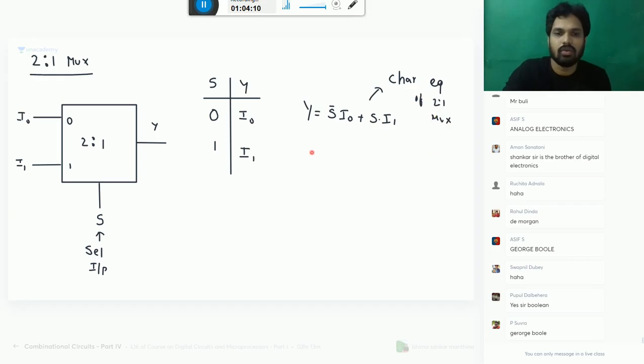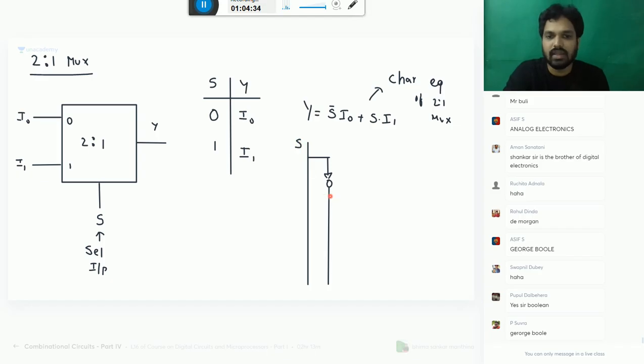Okay, so now listen. Let me design this. When S is 0, that is S bar into I0, and S into I1.